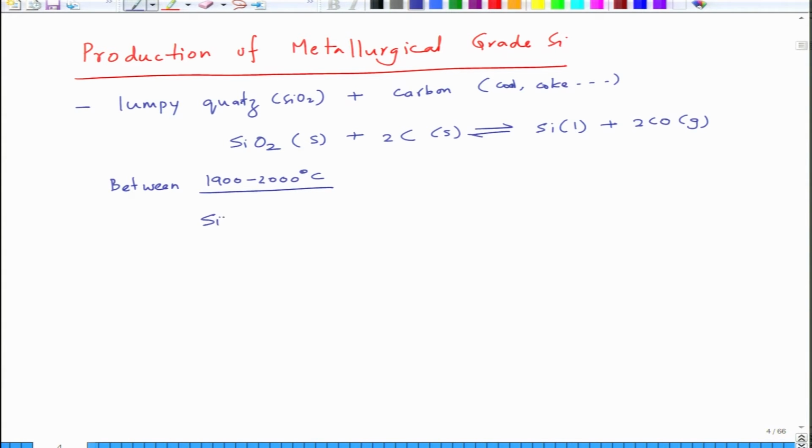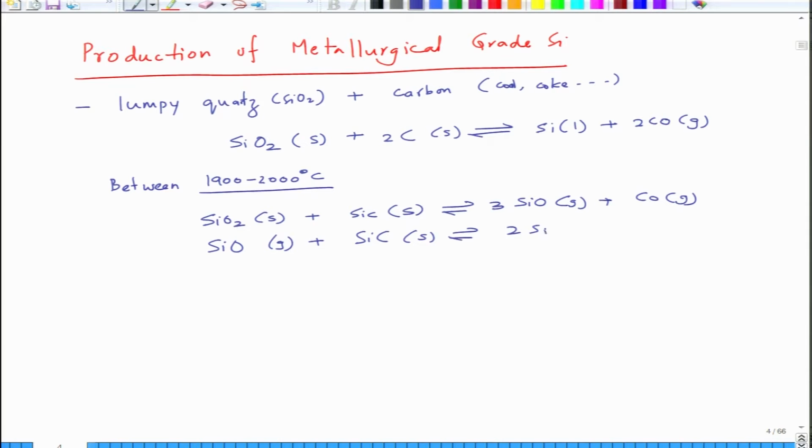Your silicon oxide in solid form reacts with silicon carbide in solid form to give you 3SiO in the gas form plus carbon monoxide in gas form. Then this SiO in gas form reacts with again silicon carbide in solid form, gives you 2Si liquid plus CO gas. This is a multi-step process.